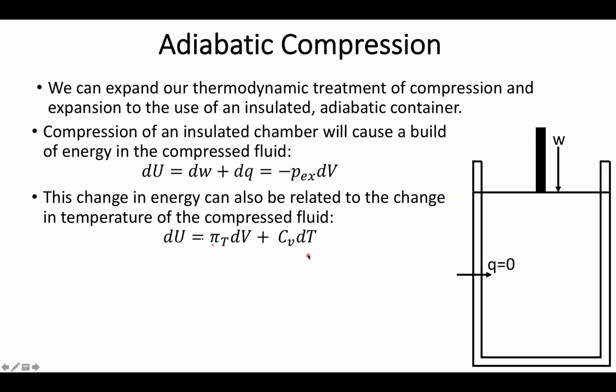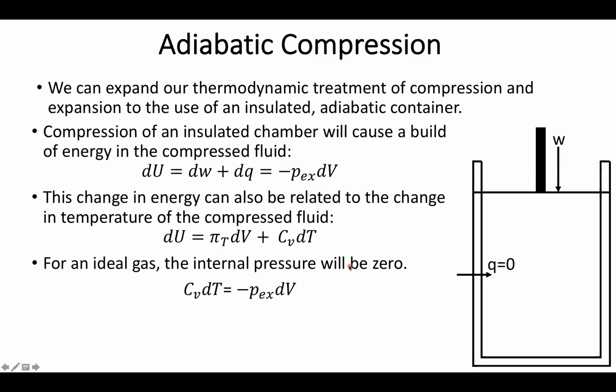All of this together should be equal to negative PdV. But most of the time, we're going to be working with a relatively ideal gas, and for an ideal gas, my internal pressure drops to 0. So then my change in internal energy is equal to CV dT and negative PdV.